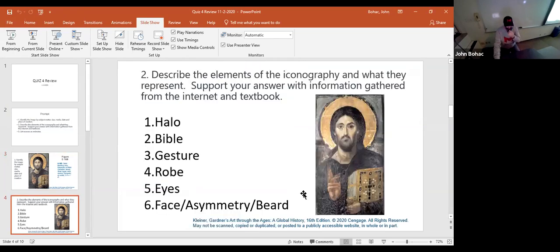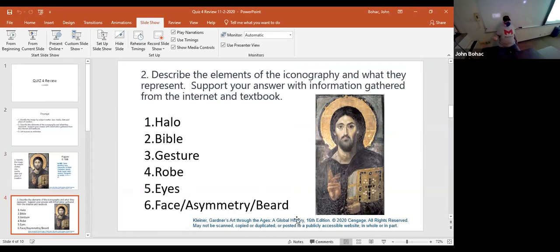Okay, describe the elements of the iconography and what they represent. Support your answer with information gathered from the internet and textbook. This whole thing is an icon, but it has elements.